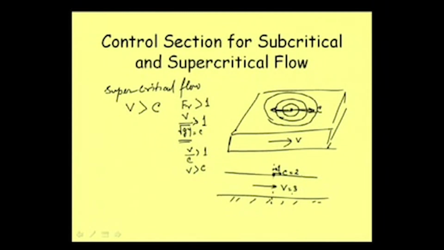So what we can say is that if we create any disturbance in supercritical flow, it is not at all propagating in the upstream direction. The net movement of all the disturbance is always in the downstream direction, so that is not affecting the upstream flow.